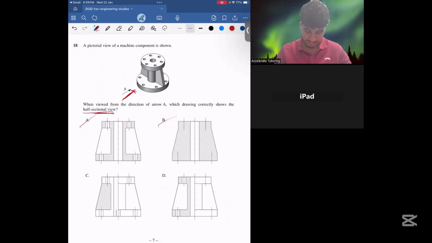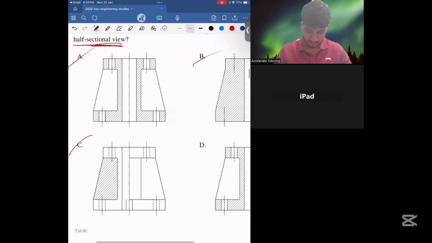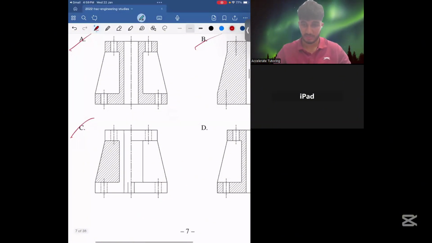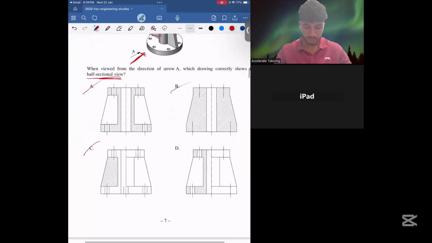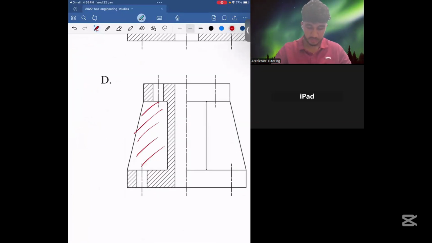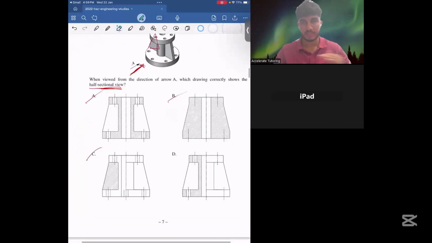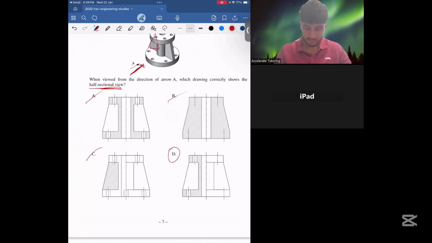Looking at options C and D, we know it's not C because it shows the web of this structure in its sketch, which is incorrect. You never section off the web, so you should never have diagonal lines showing in the web of your half sectional view. It's only the other components around it. So in this case, our answer would be D.